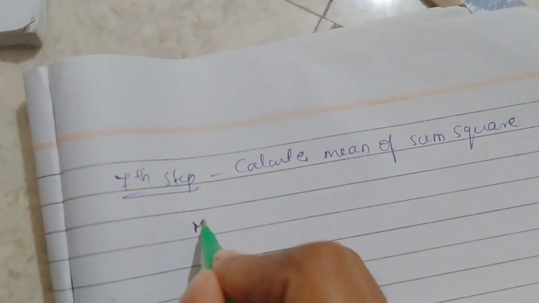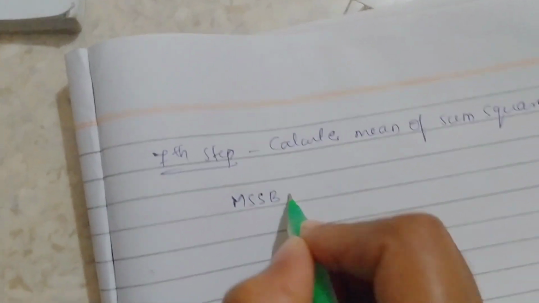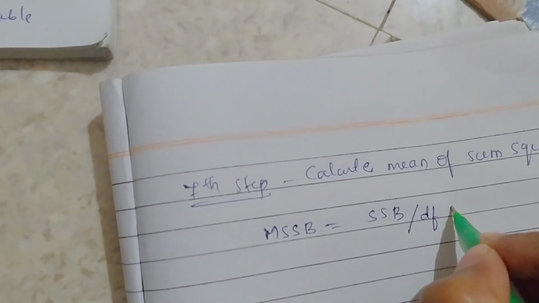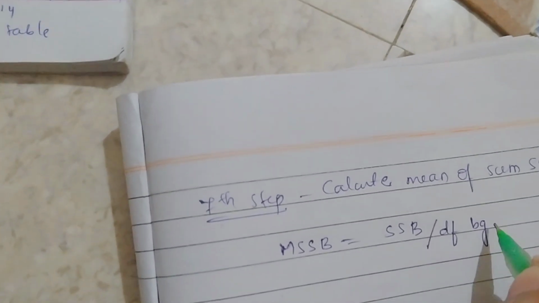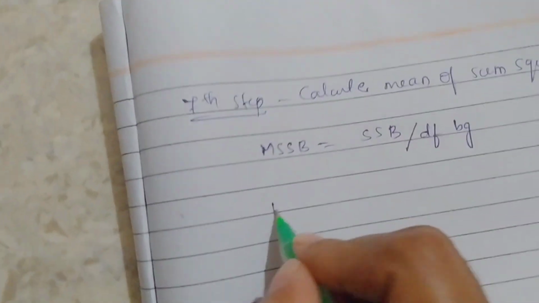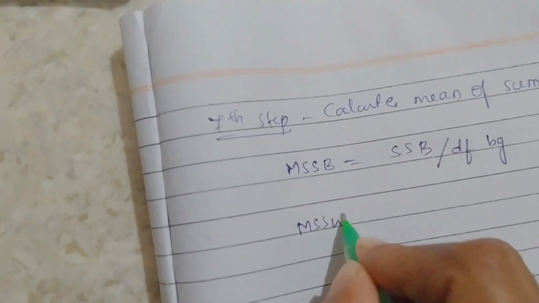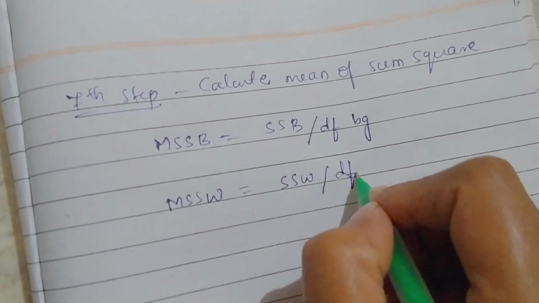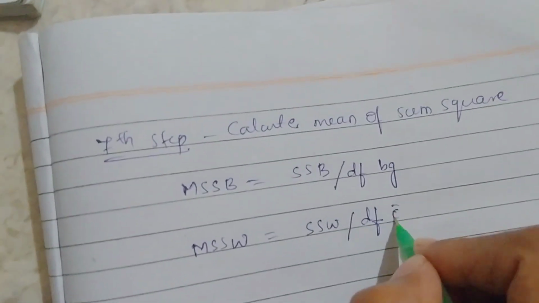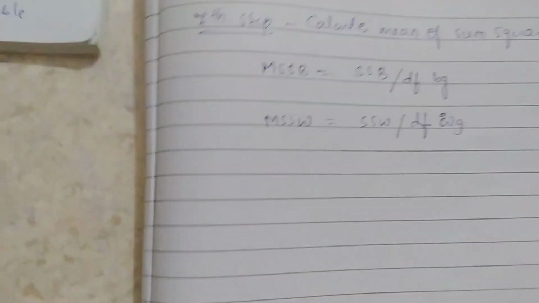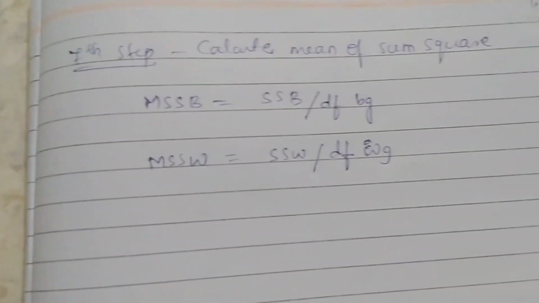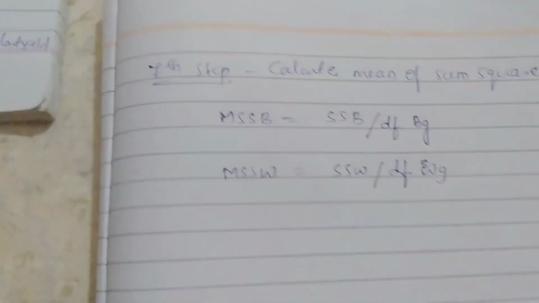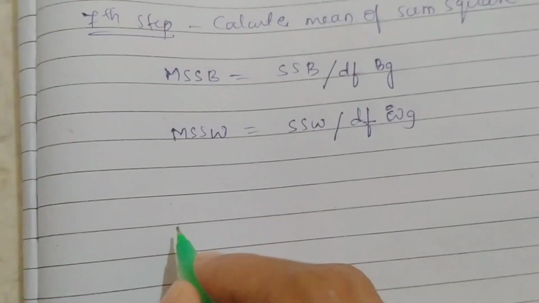Mean of sum square between the groups is equal to sum square between the groups divided by degree of freedom between the groups, and mean sum square within the group is equal to sum square within the group divided by degree of freedom within the group, WG. You can write it in capital form also, so it will be very easy.